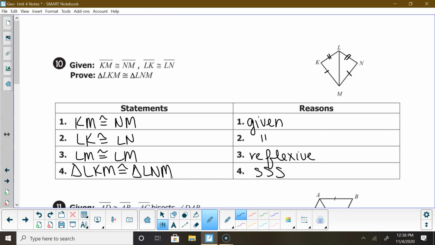How did 10 go? Good. How are we doing on 11? Just starting?